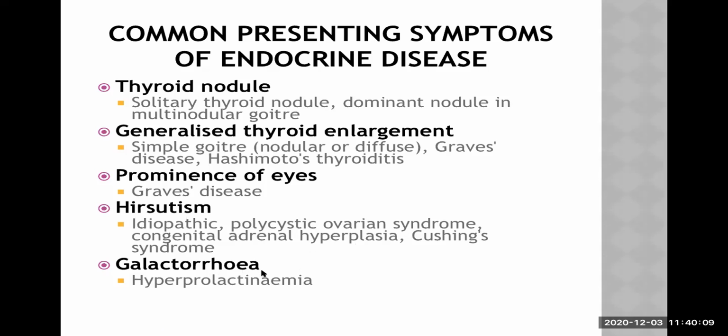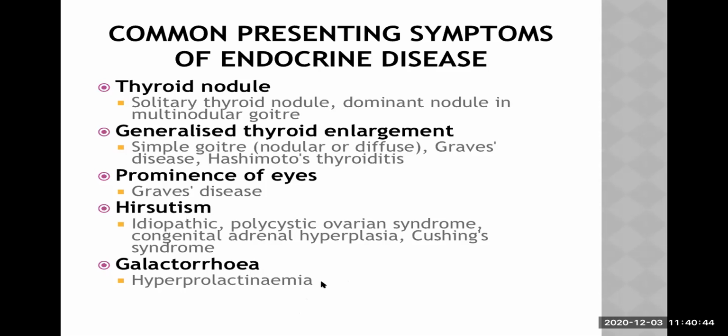Galactorrhea is milk discharge from the breast in situations where it is not normal. What I'm talking about here is not after the birth of a baby, because there is a natural galactorrhea during that time. If the lady is not pregnant and there is still a release of milk from the breast, then this is usually caused by hyperprolactinemia. Now we need to find the cause for this.